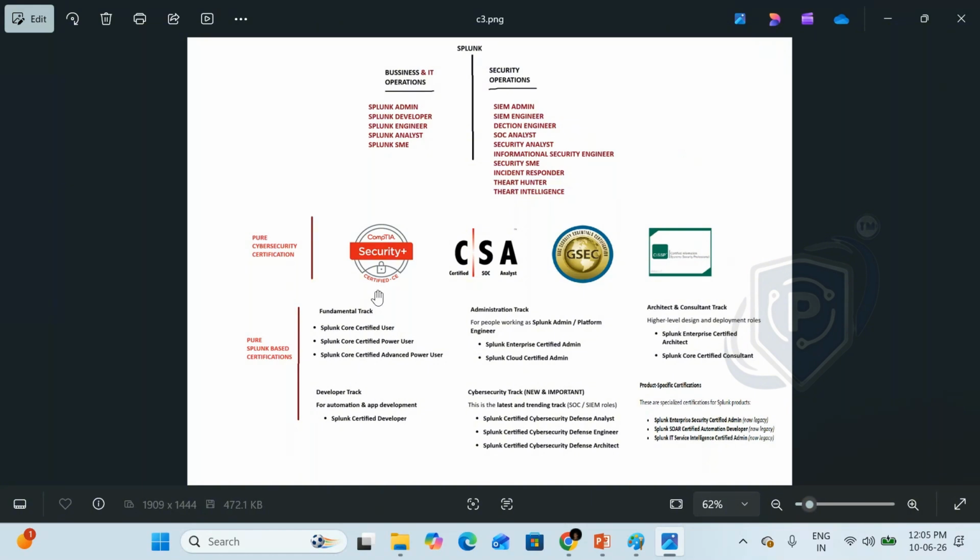They asked him one question. What was that question? What is the difference between monitoring and observability in one line? That input was taken by ChatGPT and ChatGPT gave 10 lines. He is reading it. Next, they asked one logic question: what is the detection logic for implementing so-and-so brute force?